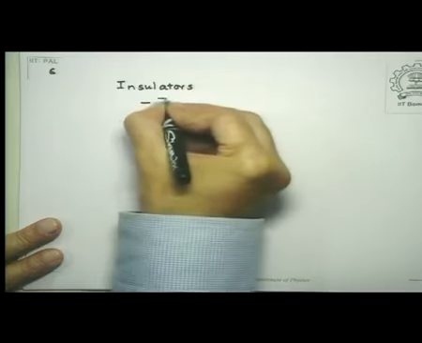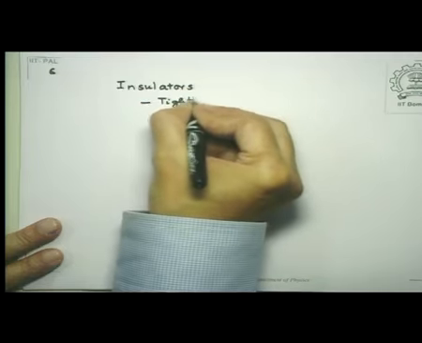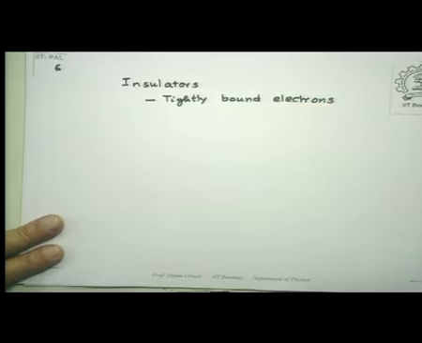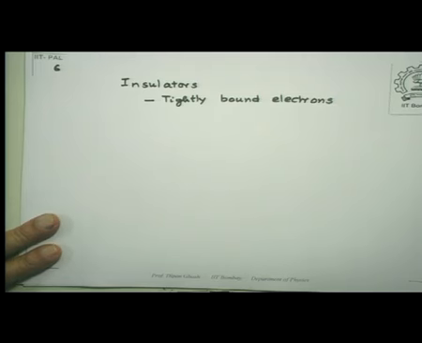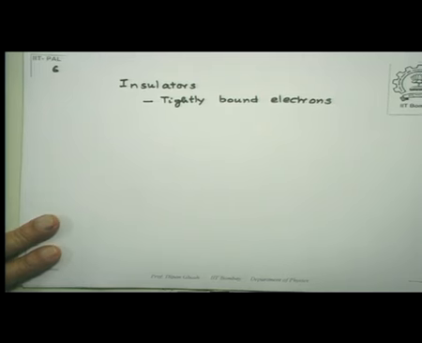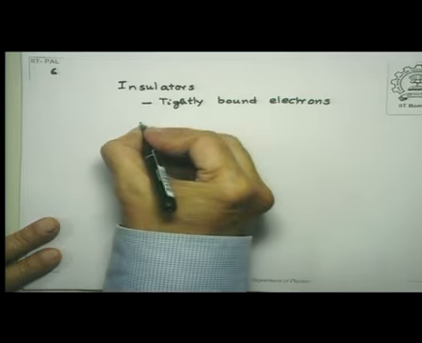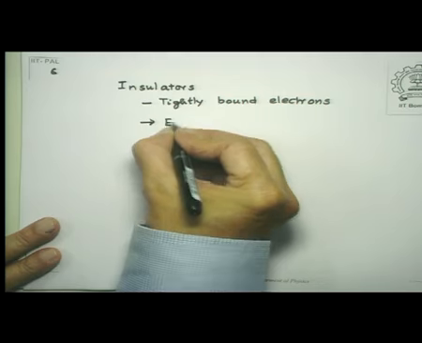So tightly bound electrons. Unlike in the case of a conductor, where we have said that there cannot be an electric field inside under static conditions, in the case of insulators a different distribution of charges occurs, and the electric field inside need not be zero.